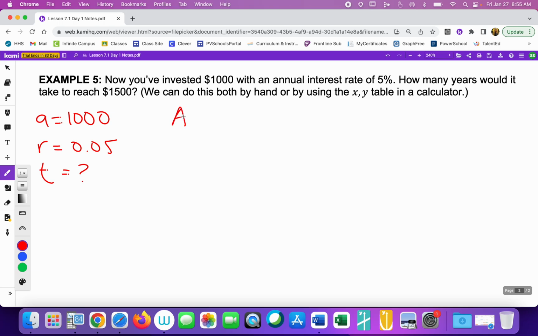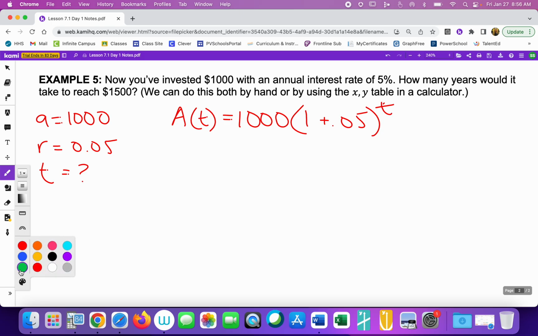So, still set this up. Now, yes, we would want around 1500 over here, but we're going to use the calculator graphing portion to do this part. So we don't know what t is. So if you were given an ending amount and asked to figure out what would the exponent be to get it there, for now, you're going to use the graphing portion of that, not the physical graph, but the XY table to do this.